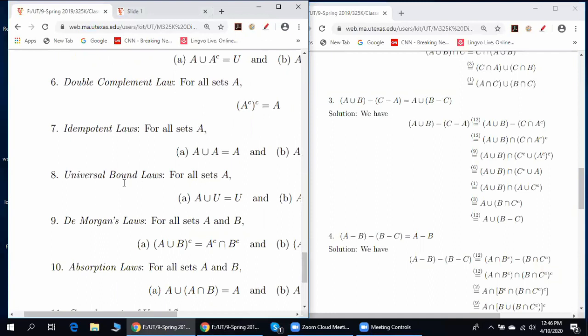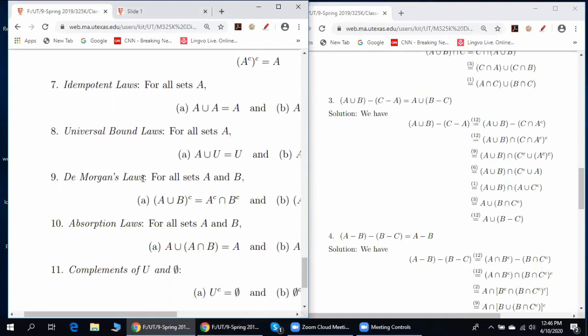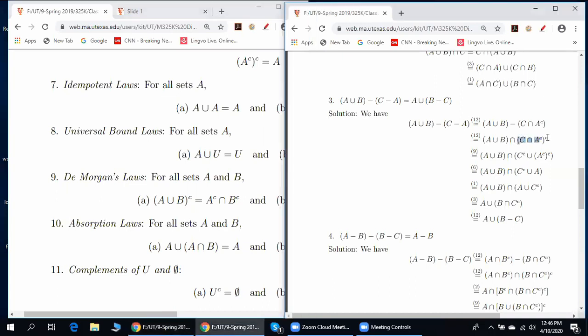Then we use one of the De Morgan's laws. So we use De Morgan's law in order to expand parentheses here. We get C complement and then we replace intersection by union A double complement.